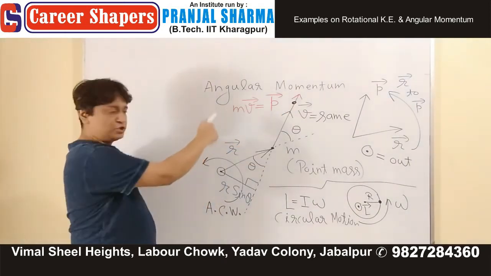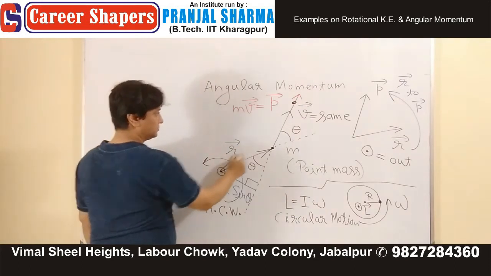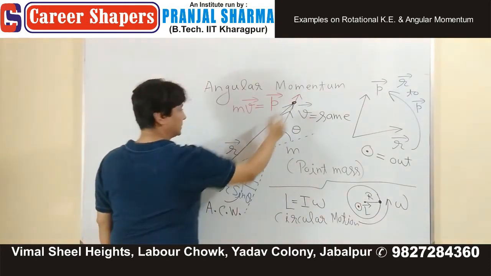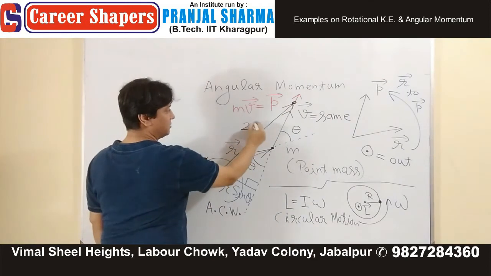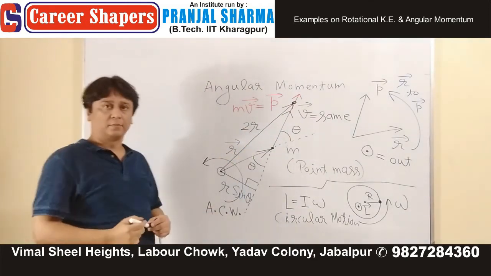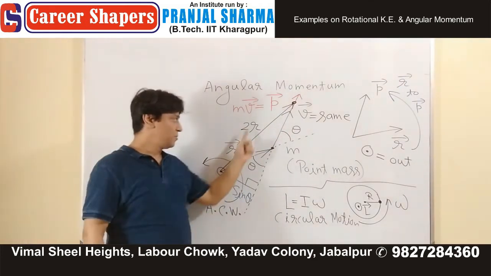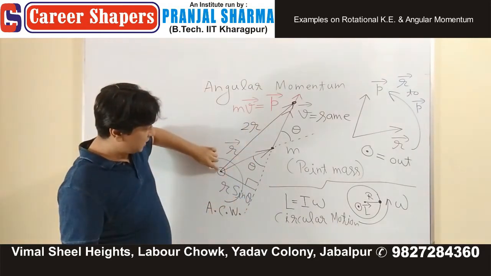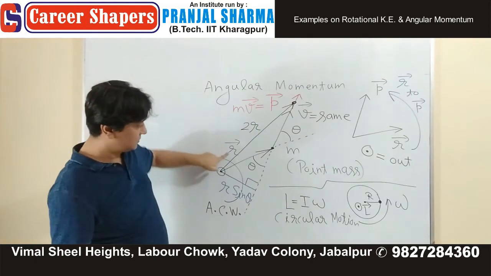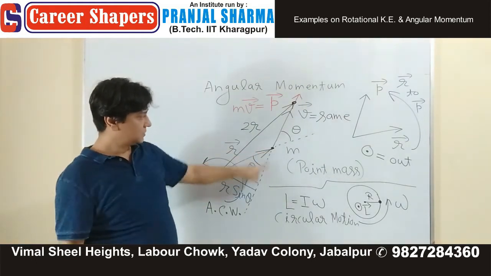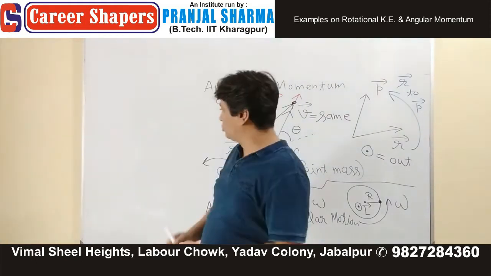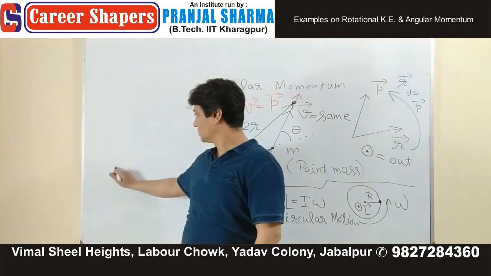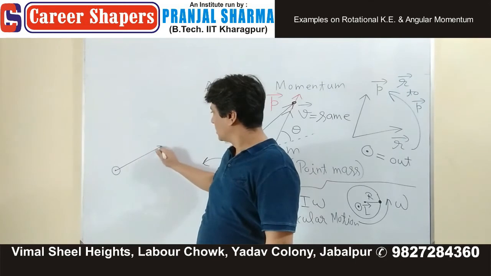When it is at this new position, this distance becomes 2r. Look, I'm not using vector. What I'm saying is, whatever the initial distance is, the r, it becomes 2r. This was r.